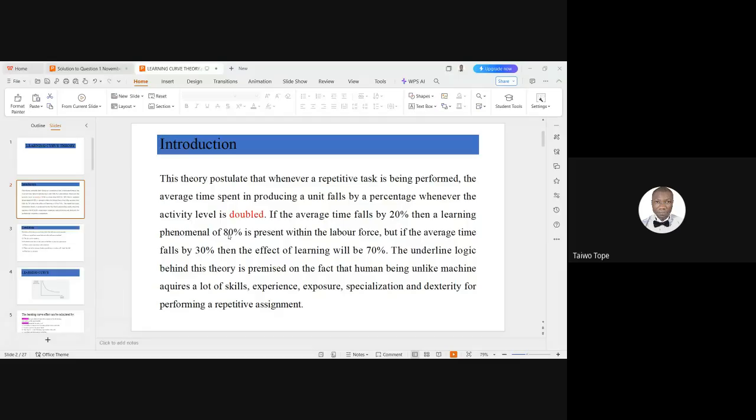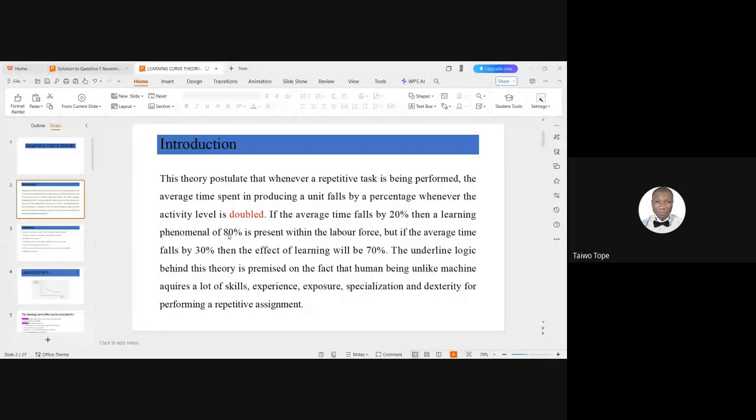So there is the effect of cumulative production. As cumulative production increases, the average time or cost per unit decreases due to learning and gaining what? Efficiency.